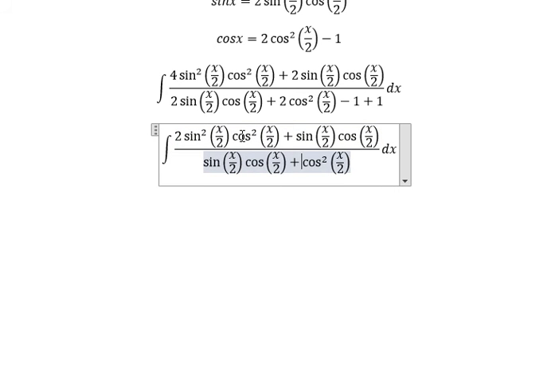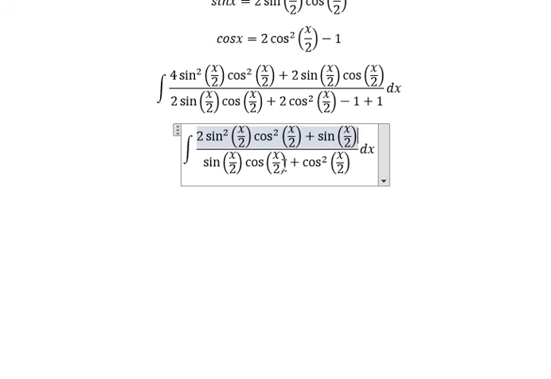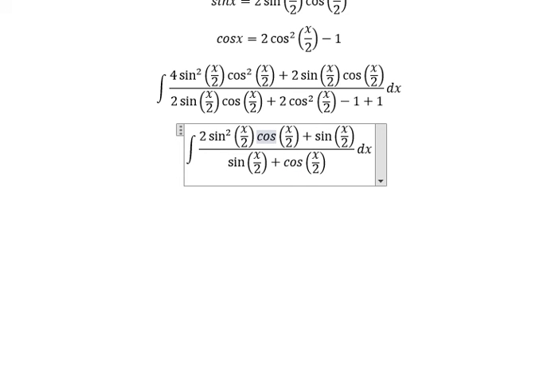Next, we have cosine x over 2, cosine x over 2. This one, we divide by cosine x over 2. Next, we do factorization about sin x over 2.